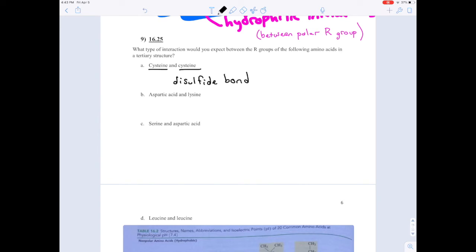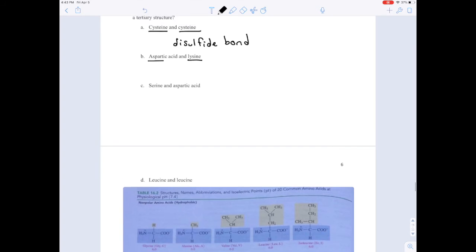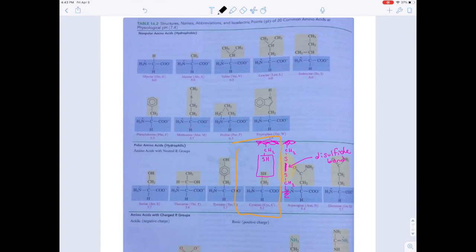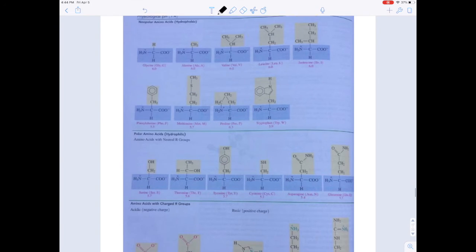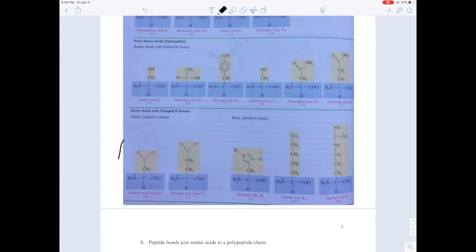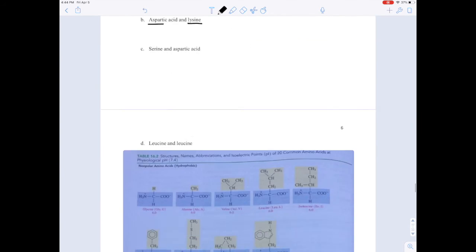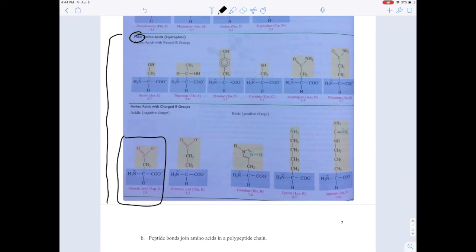Okay, how about with aspartic acid and lysine? Well, if we go to table 16 and we look for those two, we will see that aspartic acid, here in the bottom left, is polar. Remember, everything from the middle down is polar. Aspartic acid is polar, and lysine, on this table in the bottom right, is also polar.